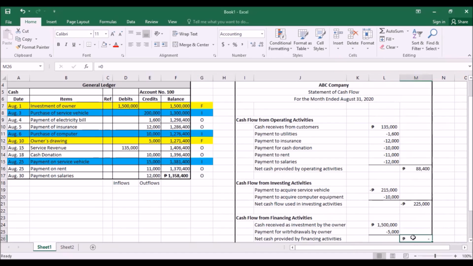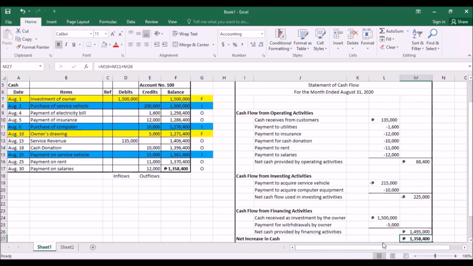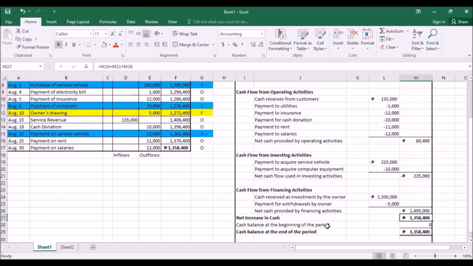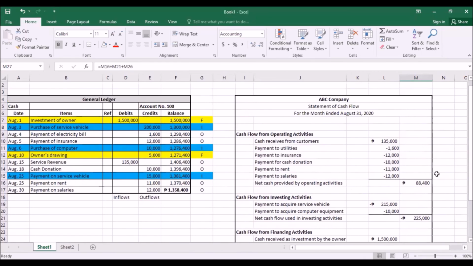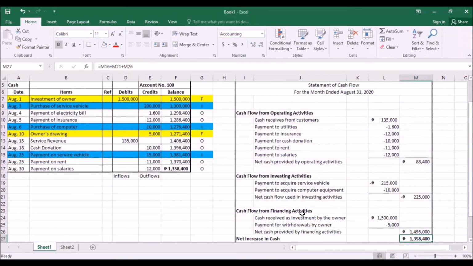So, ito-total po natin ito. So, ang answer po ay 1,495,000 positive. That's why net cash provided by financing activities. So, hindi pa po natatapos dito. Meron, pag-aadin po natin itong tatlong result from operating activities, investing activities, and financing activities.